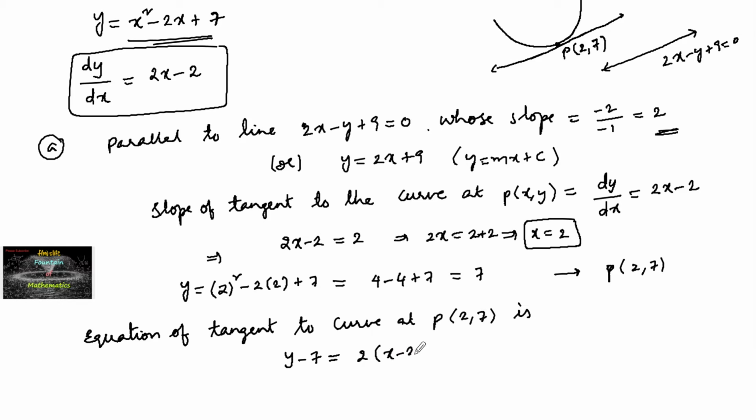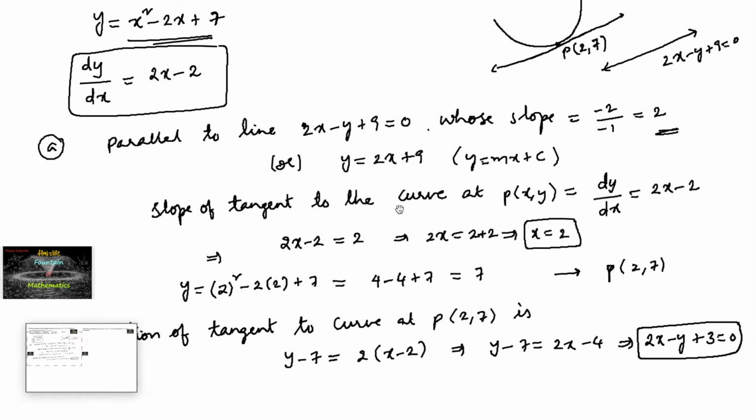So y minus 7 is equal to 2x minus 4, or we can write 2x minus y minus 4 plus 7 equals 0, that is 2x minus y plus 3 equals 0. So this is the equation of the tangent in the first case, when it is parallel to the given line 2x minus y plus 9 equals 0.